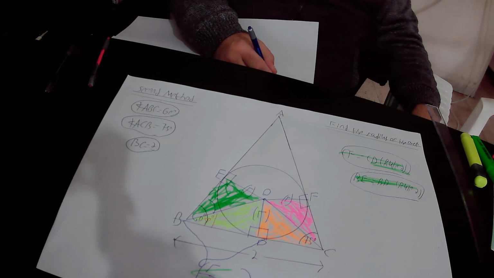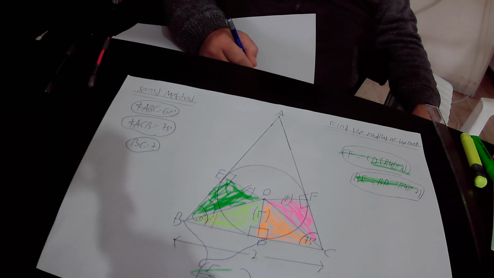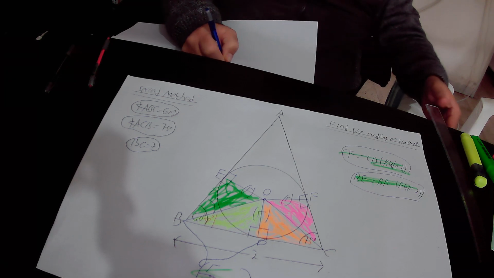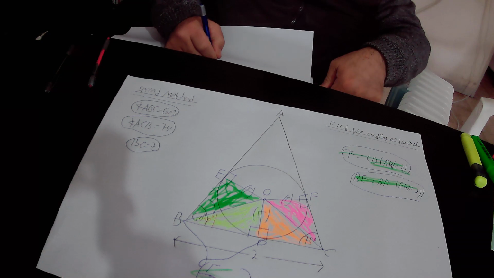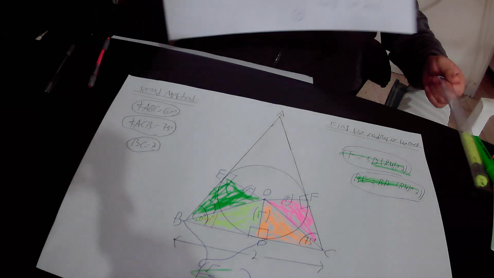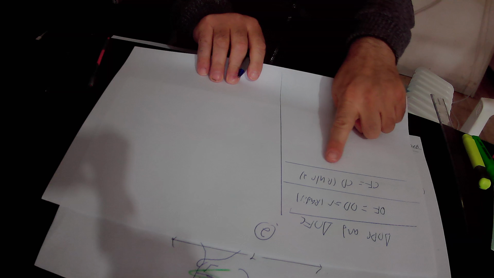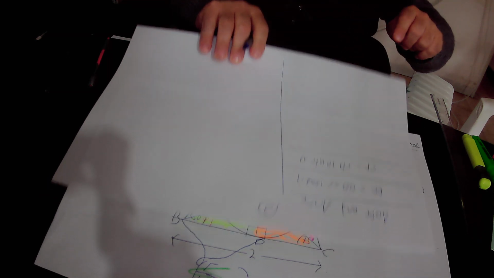Side CF in the pink triangle equals side CD in the orange triangle according to rule number 2.